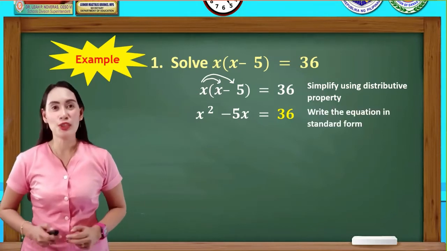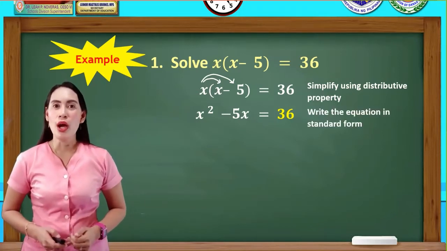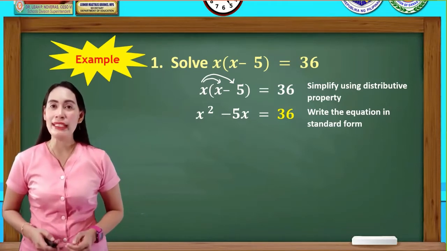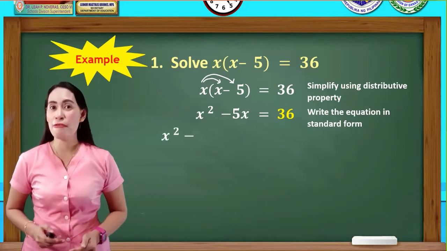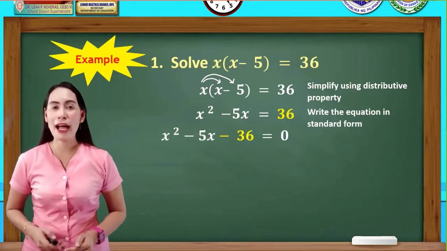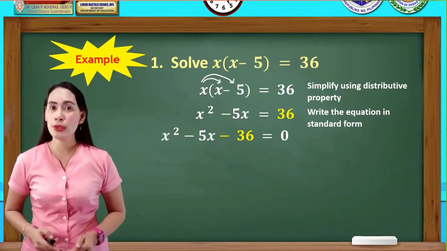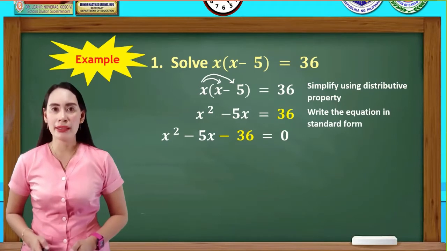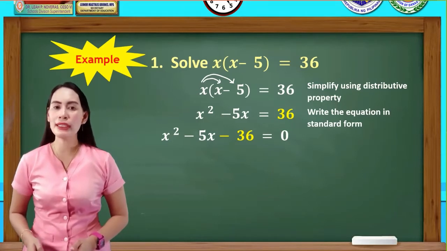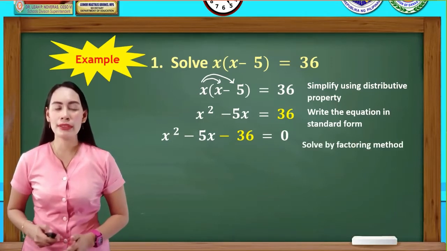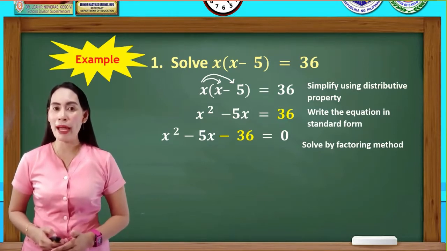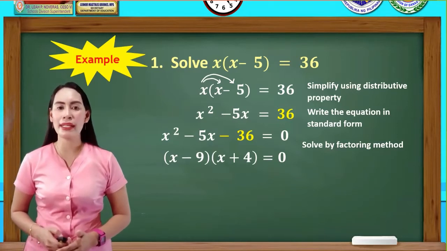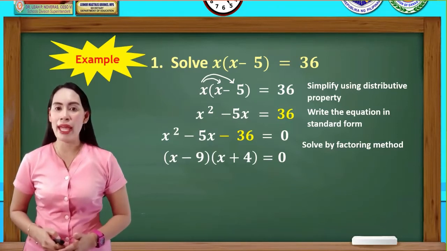Second, solve this equation. We use the factoring method in solving this equation, since the equation is factorable. So, we will follow the steps in using the factoring method. So, we will factor x squared minus 5x minus 36 equals 0. The factors of x squared minus 5x minus 36 are the quantity of x minus 9 and the quantity of x plus 4.